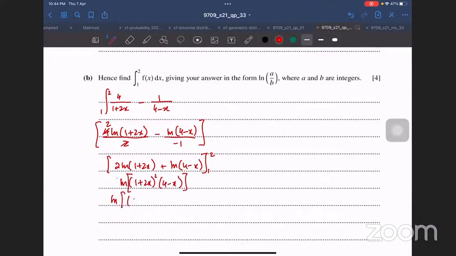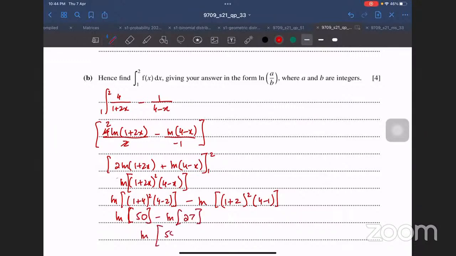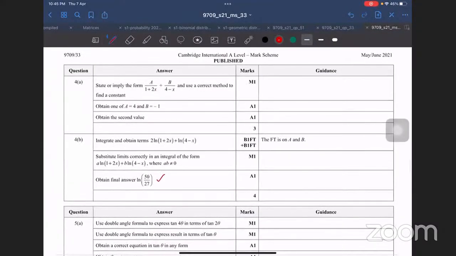My upper limit 2 gives me 25 into 2, which is 50, minus ln of 9 into 3, which is 27. So I get ln 50 over 27. Unusual, but let's see if that's the correct answer. Yes, that's the correct answer.